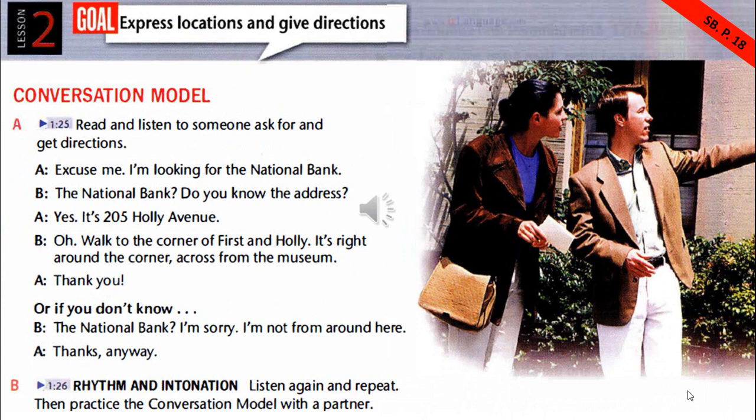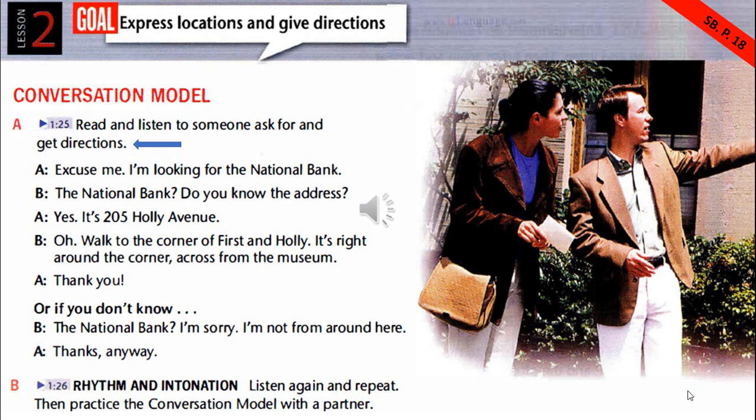Open your book, page 18. This is in your student book. Here we have a conversation model. Read and listen to someone ask for and get directions. A person asks for and gets directions. Remember, directions means اتجاهات.